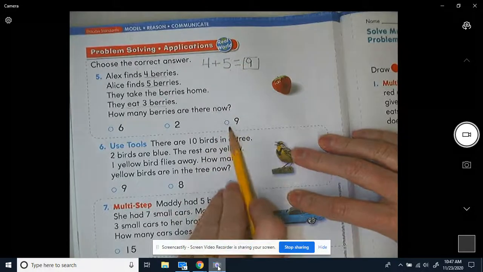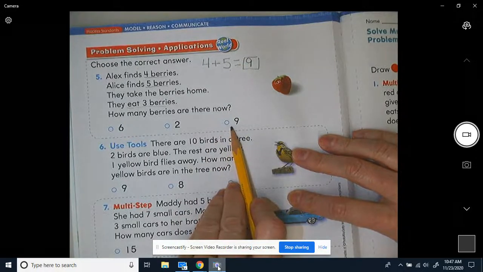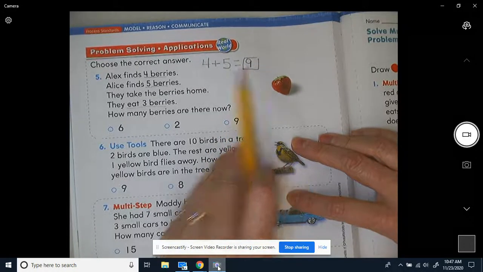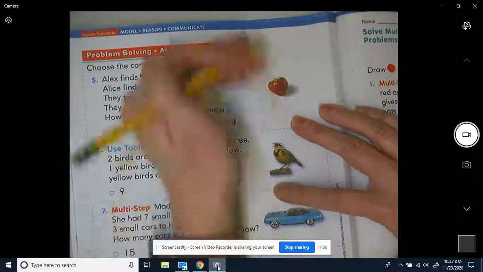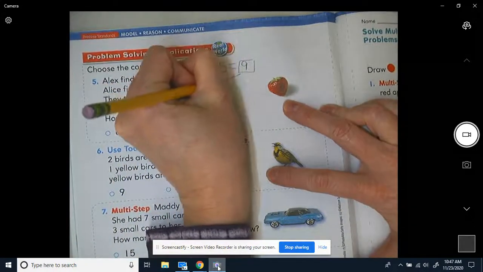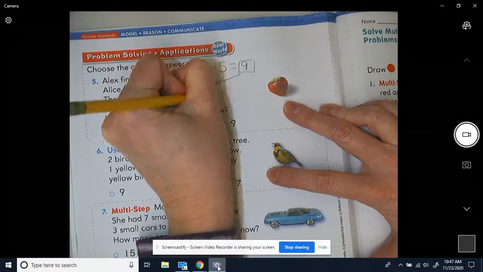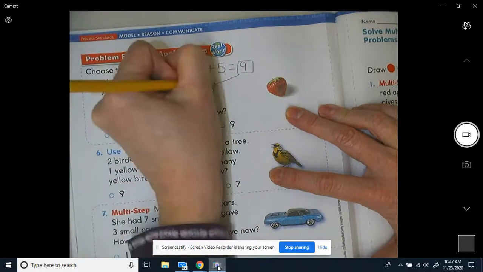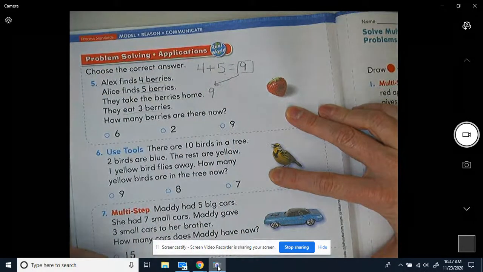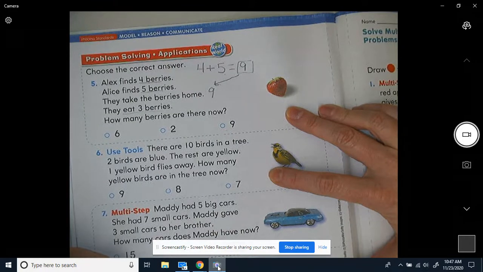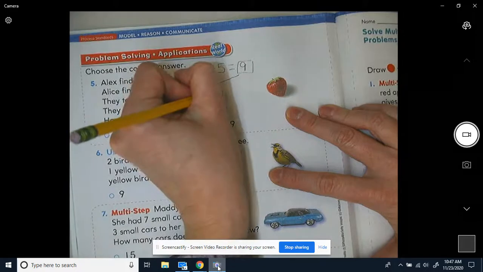Okay, they put 9 there to trick us, but we're not done yet because they have 9, but they eat 3 of the berries. So I'm going to take that 9 and I'm going to put it here to start this equation. And if they eat 3 berries, are we adding 3 or are we subtracting 3? They're gone, right?